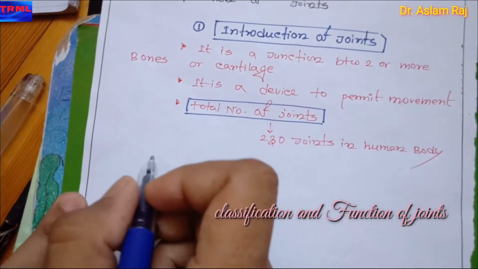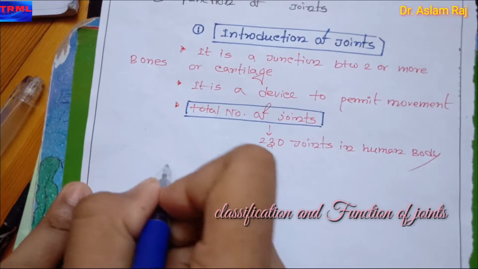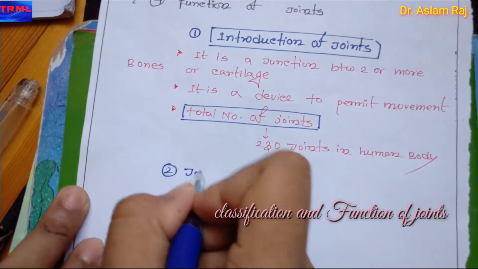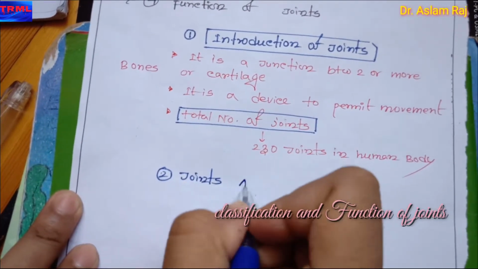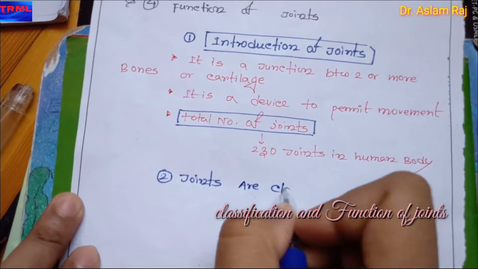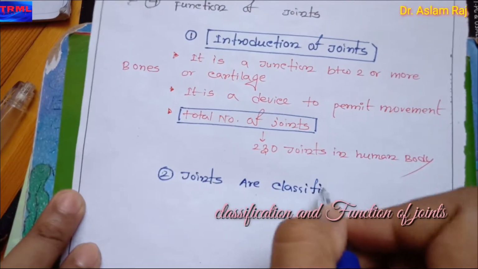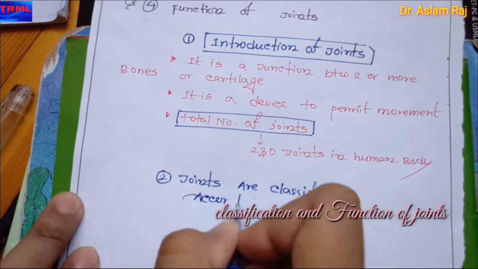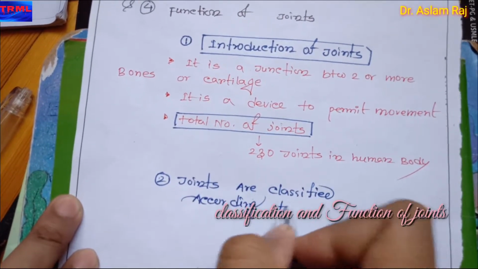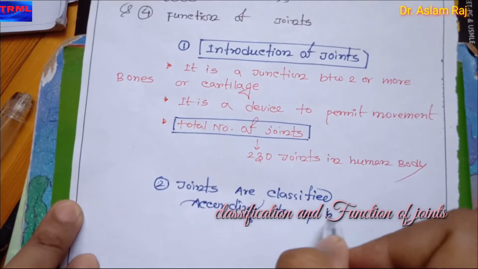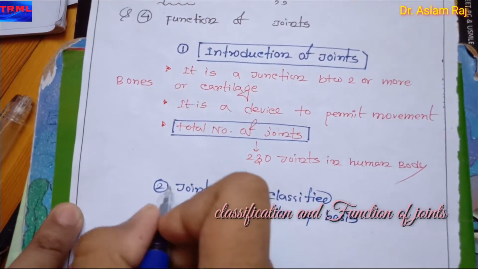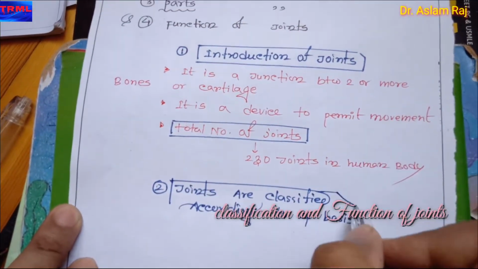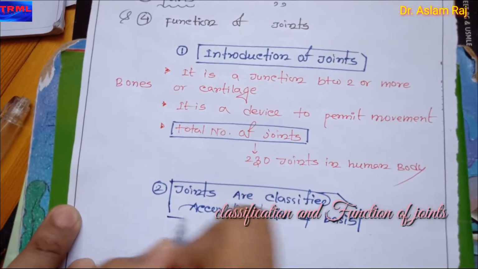Joints classification. Joints are classified according to four main bases.